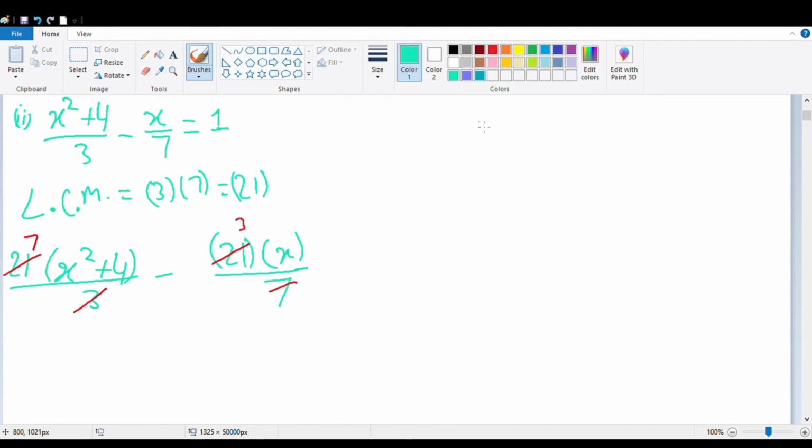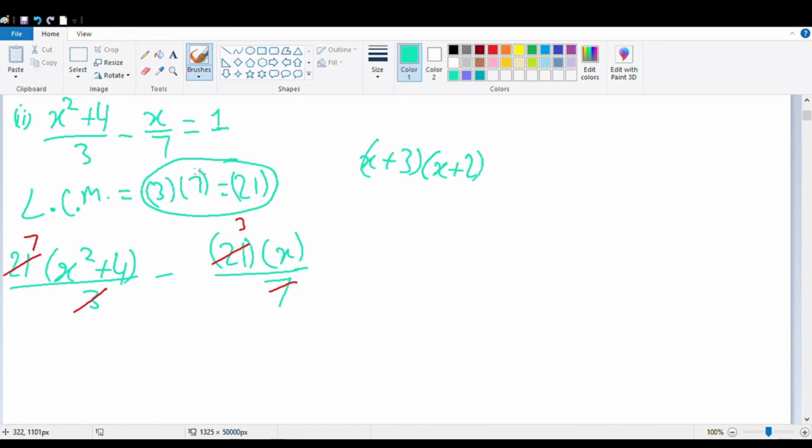But usually, if we have some variables in the denominator such as x plus 3 and x plus 2, it's better not to multiply them like we did right here.